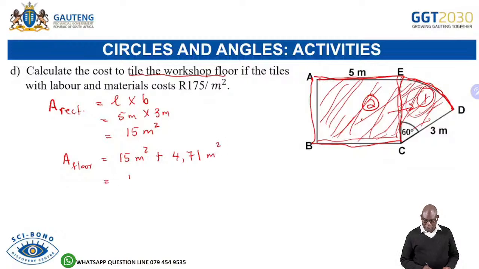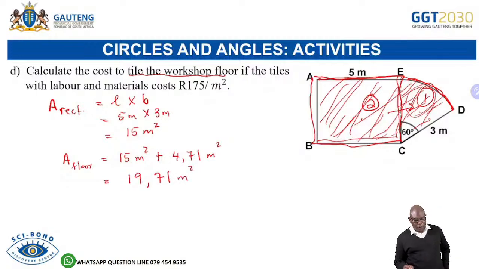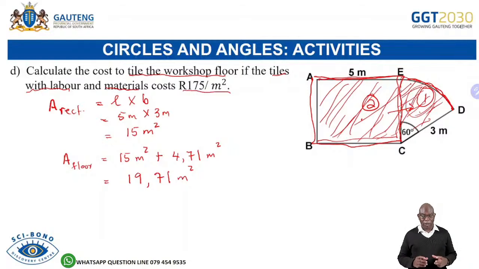So if I check this, the whole thing gives me 19.71 square meters. But now it says the tiles with the labor and the material cost 175 per square meter. So how many square meters do I have? I have 19.71 square meters, which means that I need to take that money, which is 175 per square meter, multiplied by the total area.